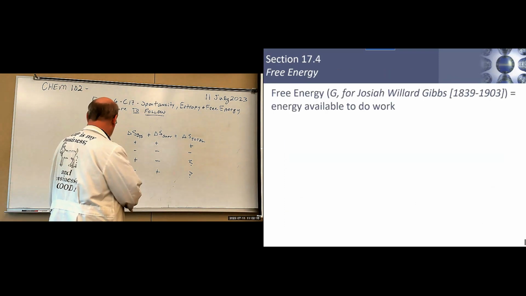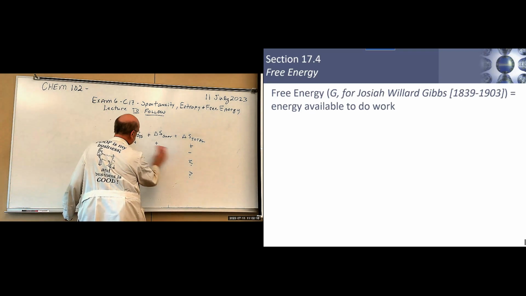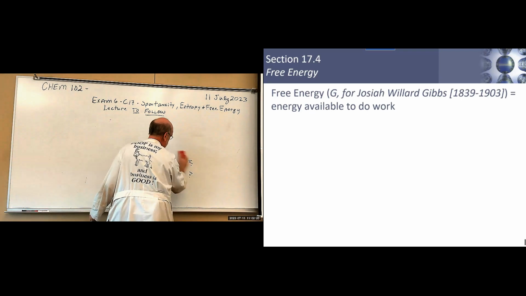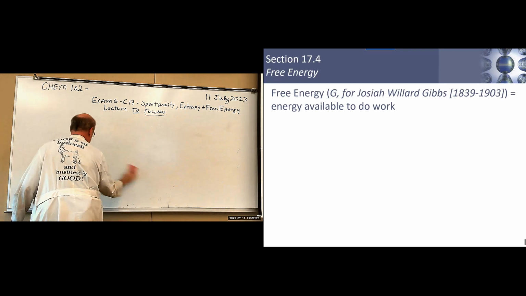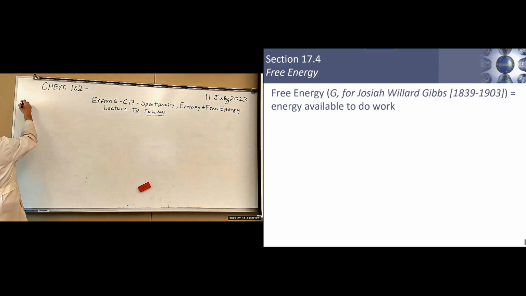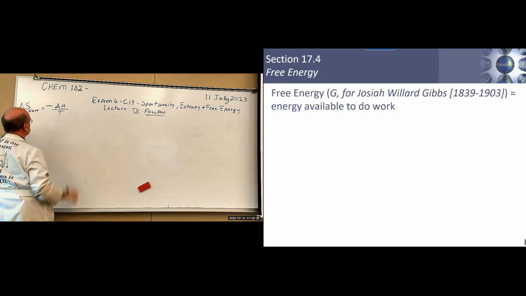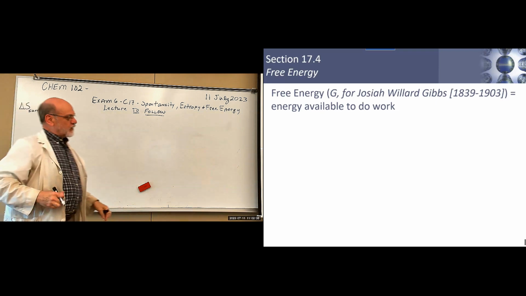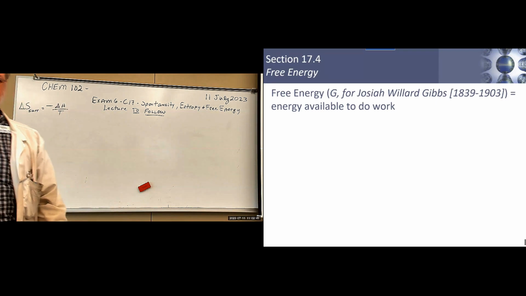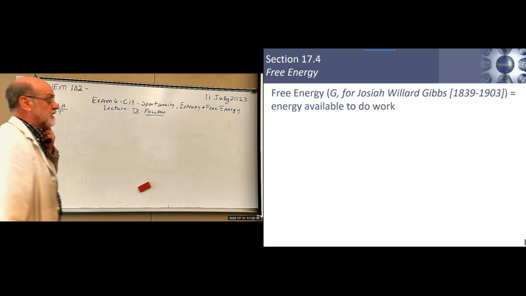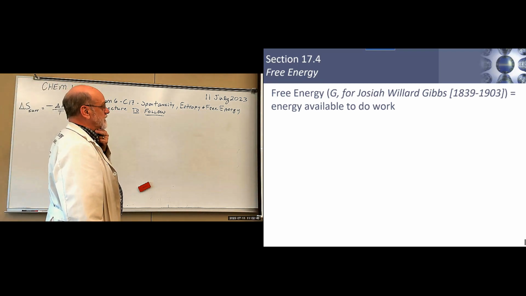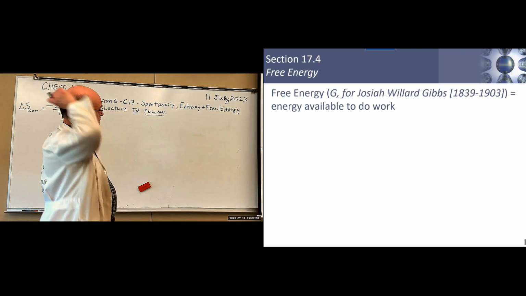Okay. Now we're going to get to something useful. Well, we do have one equation that we've got that's fairly useful. The entropy of the surroundings is equal to negative delta H over T. Now we've got this brilliant physical chemist, Josiah Gibbs, who did his work in the late 19th century.